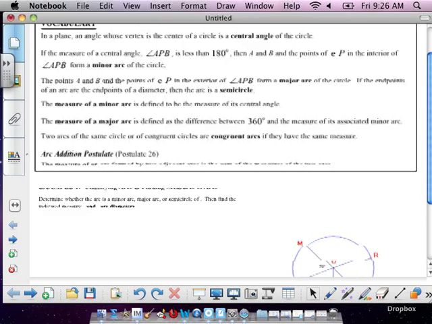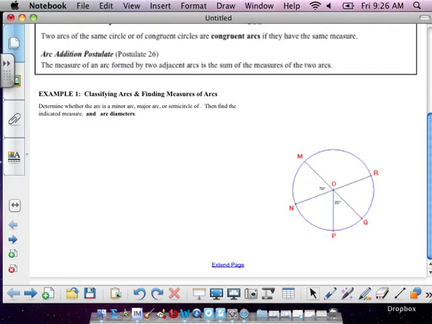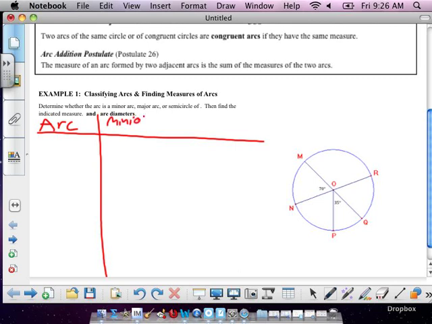Let's look right here. We're determining whether these are minor arcs, major arcs, and what their arc measure is. So we've got the arc, we've got minor, major, and I'm going to put SC for semicircle, but it's on your paper. And we've got arc measure.